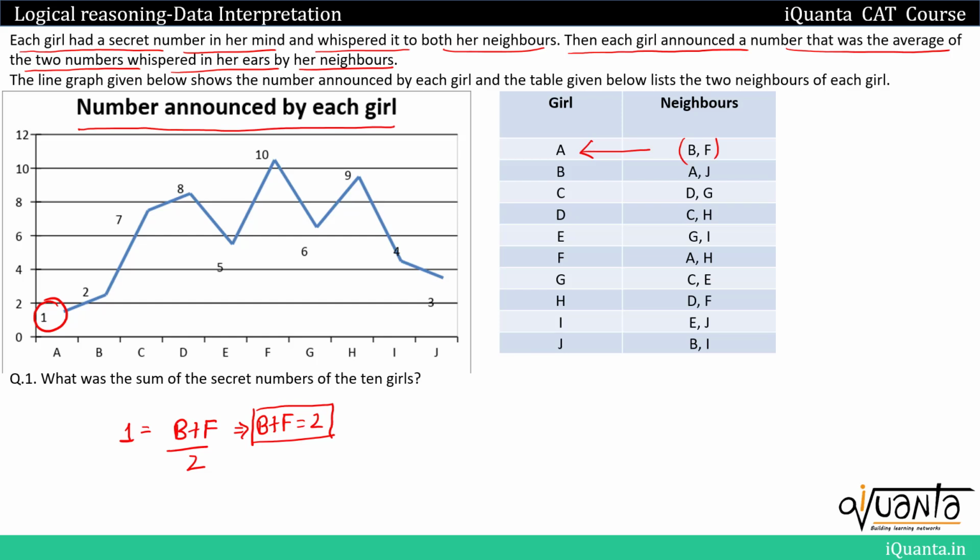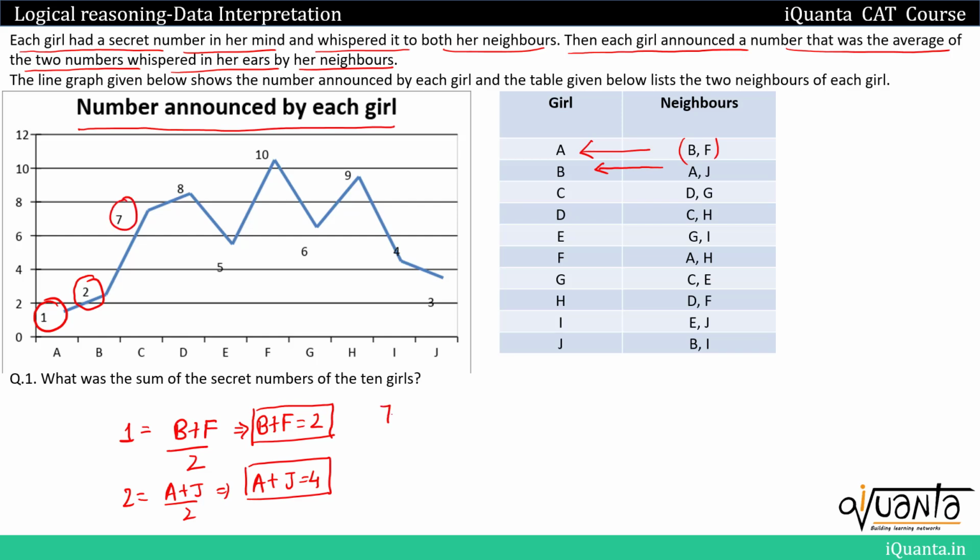Similarly, the number announced by B is 2, and it will be the average of the numbers told by the neighbors of B, which are A and J. So (A + J)/2, so I can write A + J = 4. This is another equation. Then the third equation is from the number announced by C, which was 7.